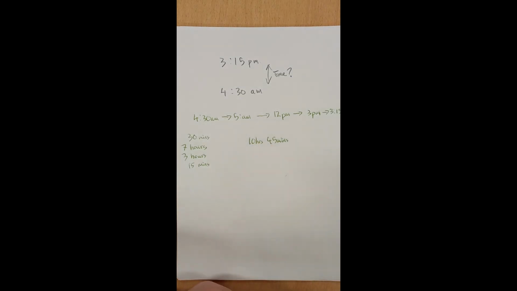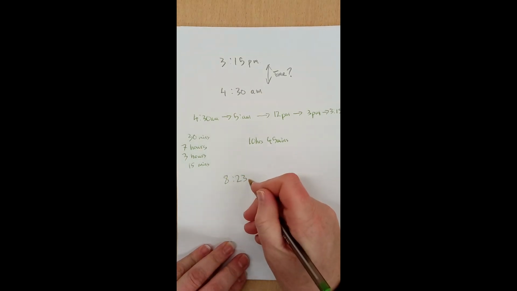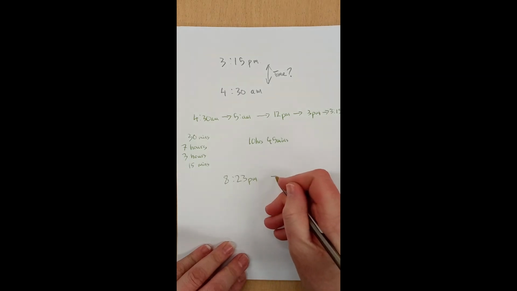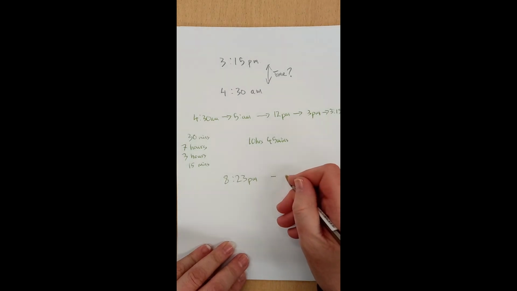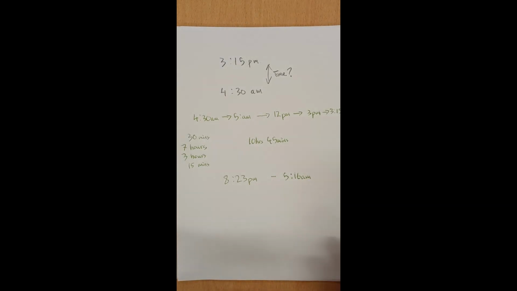So I'll just try and show you that in another one. Okay, so let's go with 8:23 p.m. and we'll take away 5:16 a.m. So let's see how far between those two.